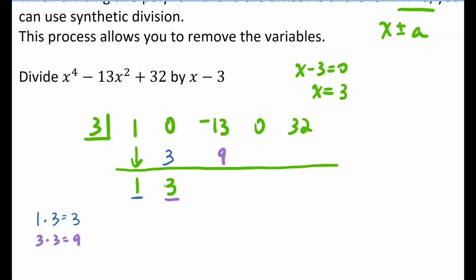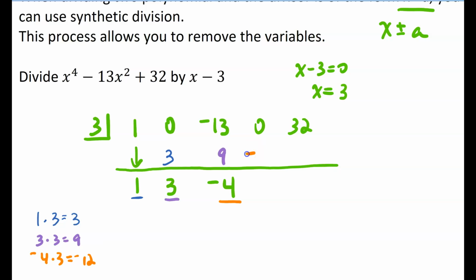Right. So now I have negative 13 plus 9. What does that give us? Negative 4. And what do I do with that negative 4? Multiply it by what's in the box. Negative 4 times 3 is negative 12. Where does that negative 12 go?